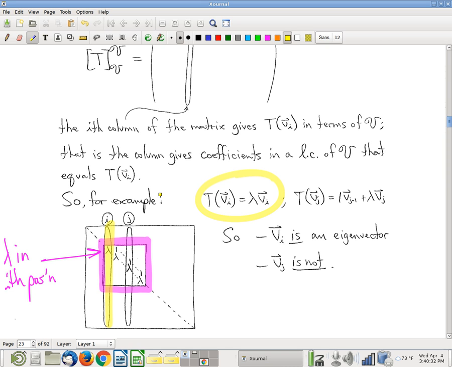But then after that, 0 v_(i+1), 0 v_(i+2), all zeros after that. So altogether, I just have the one thing there. T of v_i is lambda v_i, which, by the way, tells me that v_i is an eigenvector. Isn't that nice?